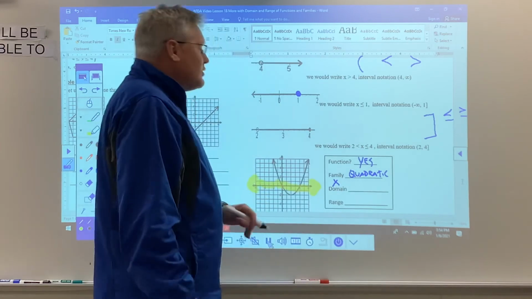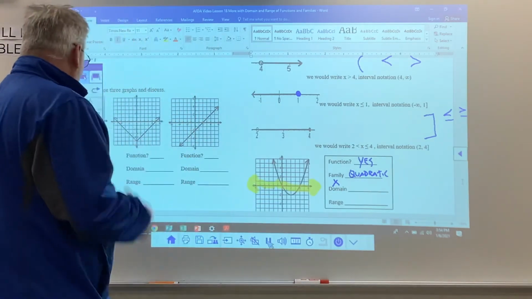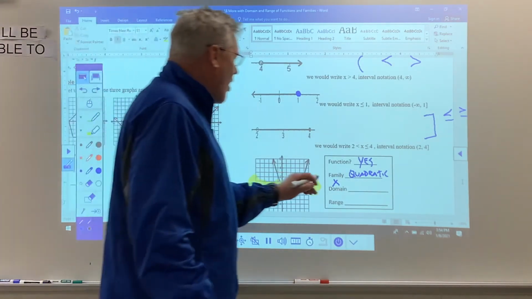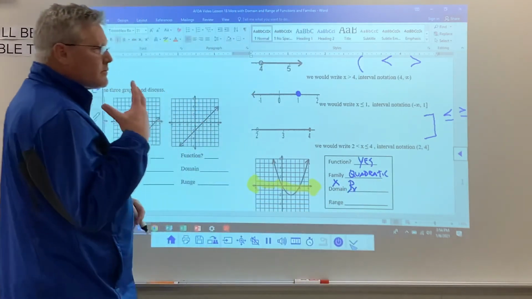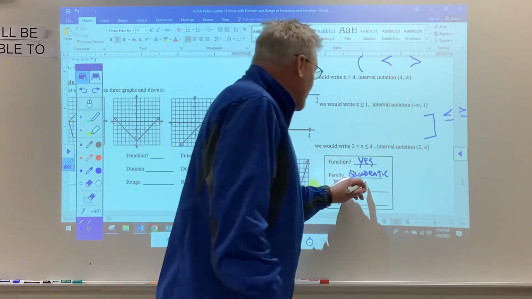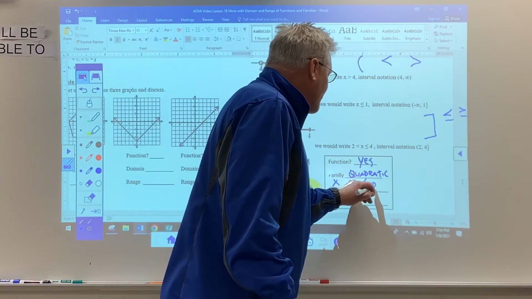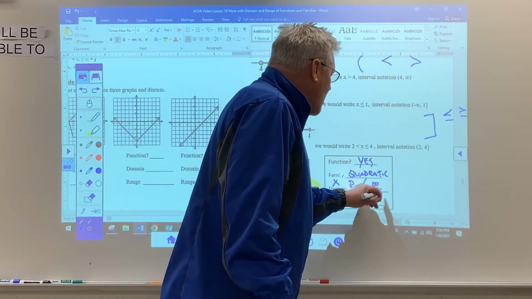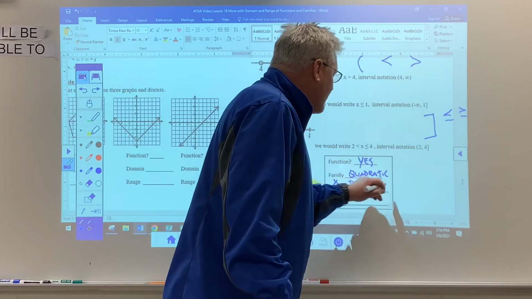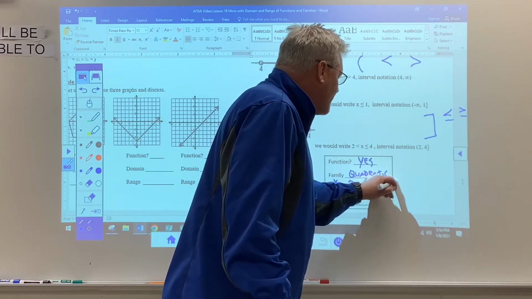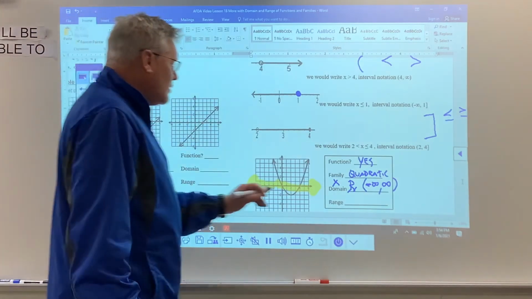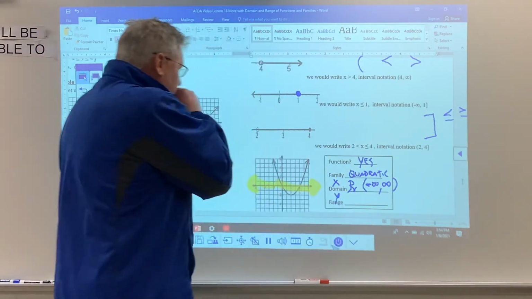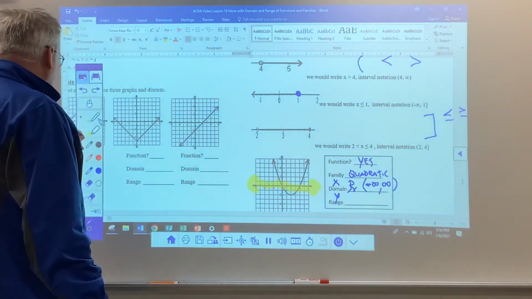So if we were going to write that like we did before, we'd maybe write all real numbers. But now we can write from negative infinity all the way to positive infinity in interval notation.